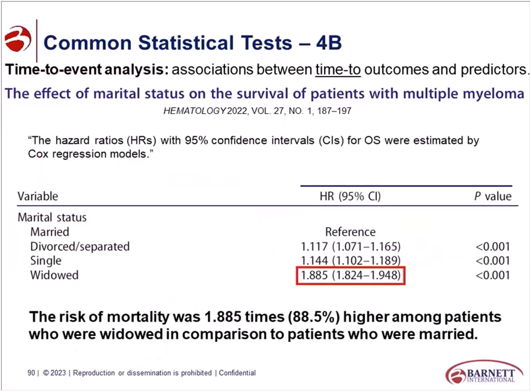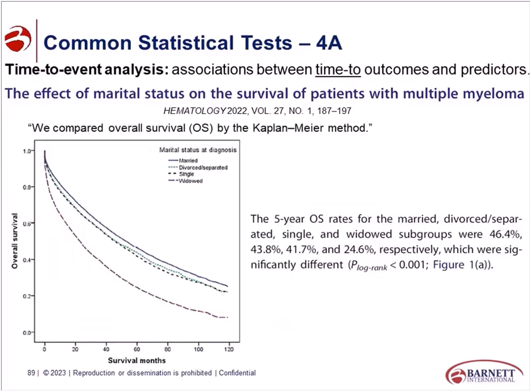Another phrase you hear is a hazard ratio. Comparing to married, which is the reference, how much more likely are widowed people to die compared to married? Going back to the previous figure, widowed patients have a worse survival, worse mortality compared to the married.